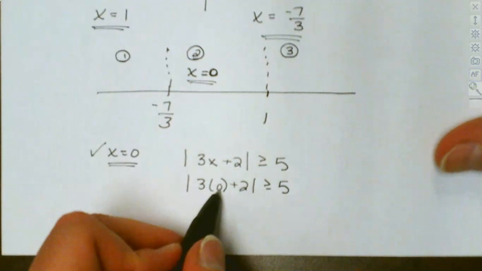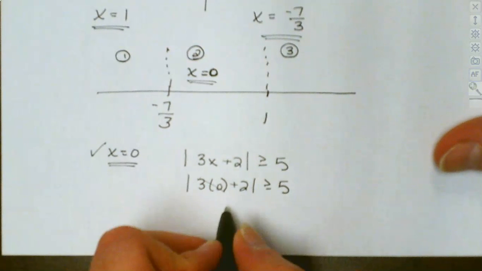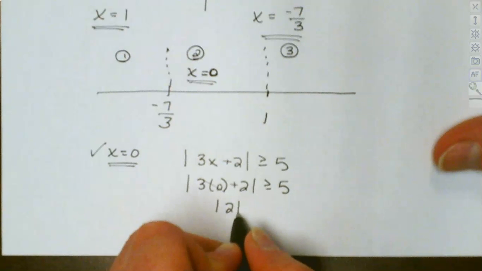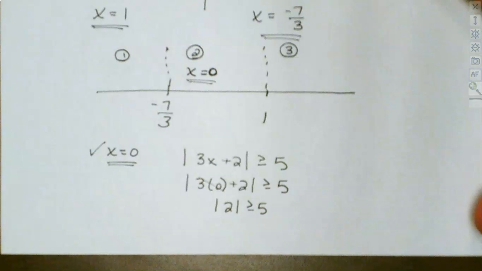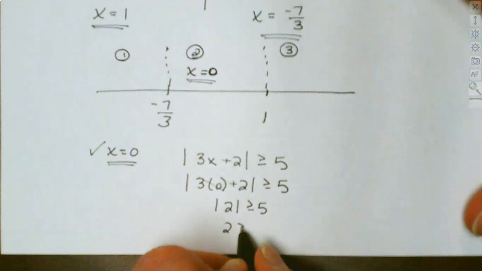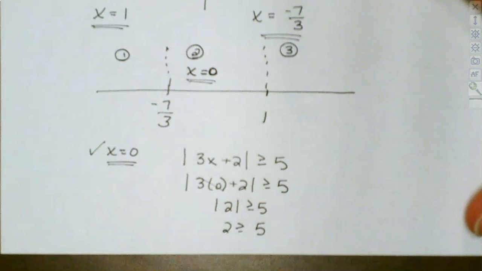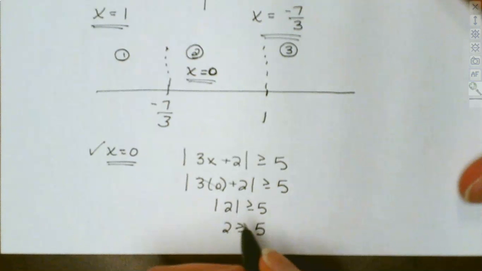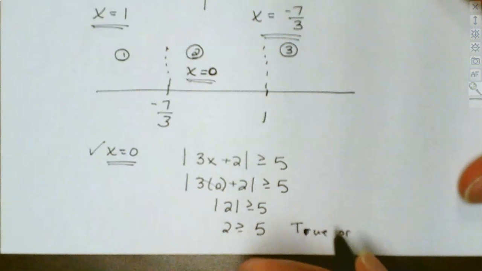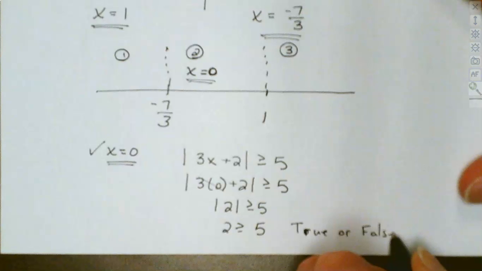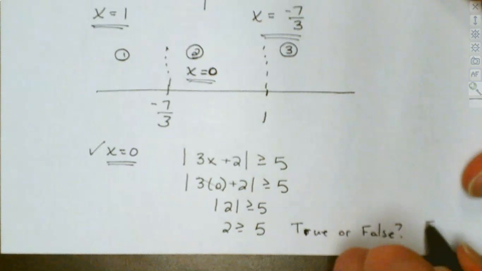Three times 0 is gone, so that gives you the absolute value of 2 is greater than or equal to 5, and is 2 larger than 5? Is this true or false? So this would be false.